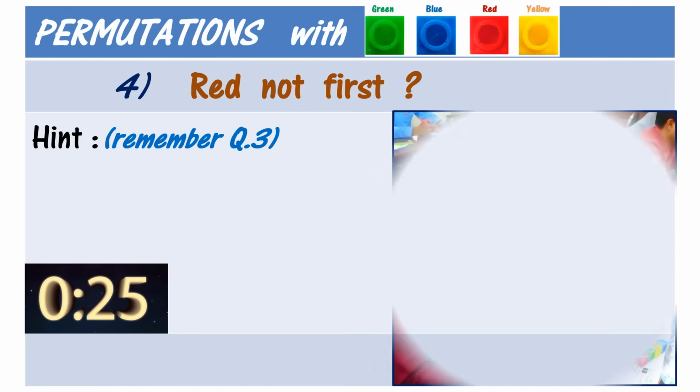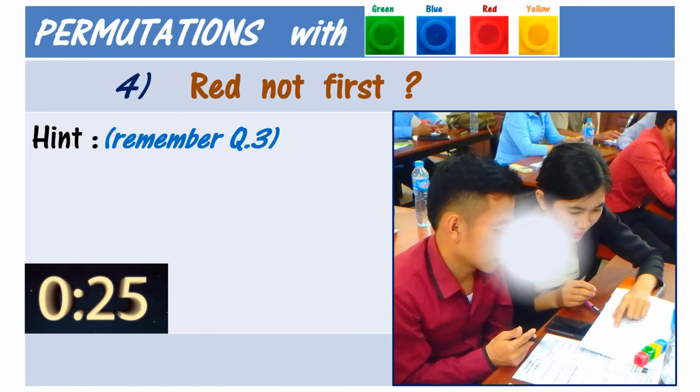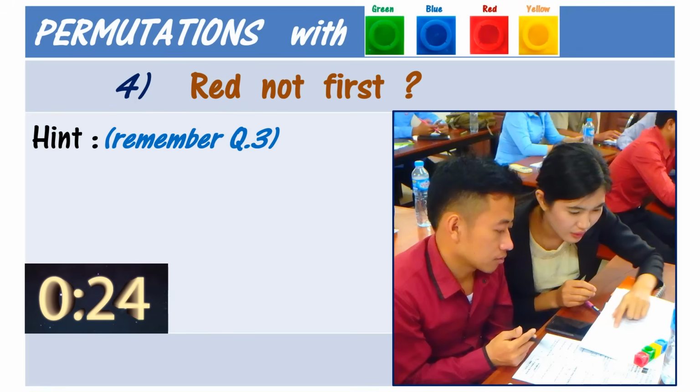Next question. In how many ways can I order the blocks if red is not first? And the hint is to remember the question we've just done.